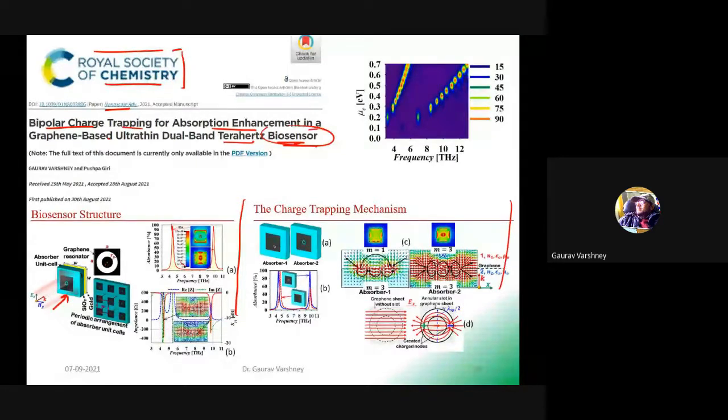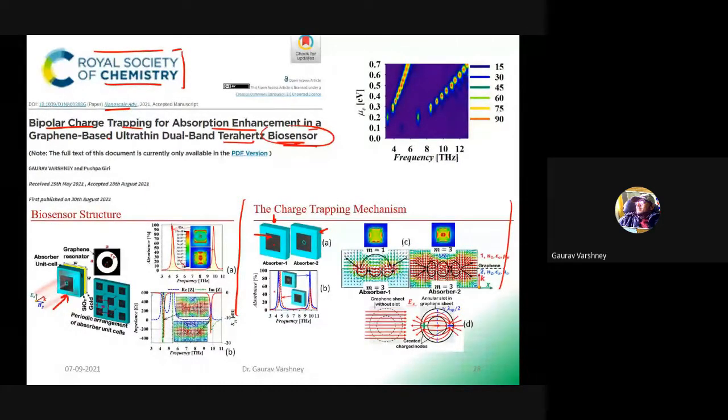Here you can see there are two structures. The black color is a graphene sheet. One graphene sheet is without the annular circular slot, and the other structure is graphene with this annular slot. You can see the red absorption spectrum.